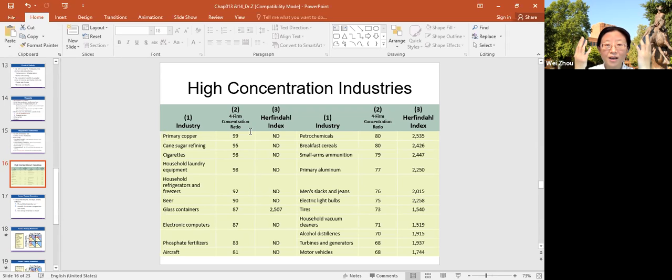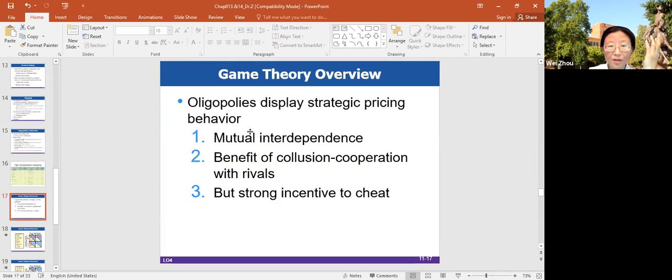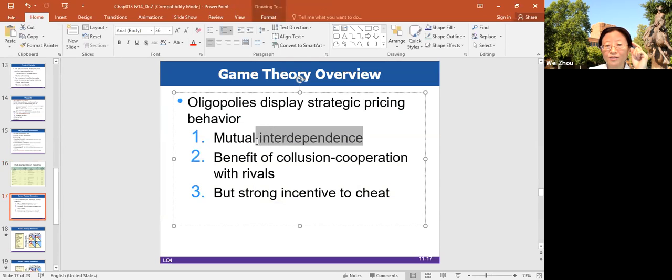So in the market for oligopoly, you have mutual interdependence. Interdependent means what I'm going to do next really depends on how the other people do. Okay, are you with me?